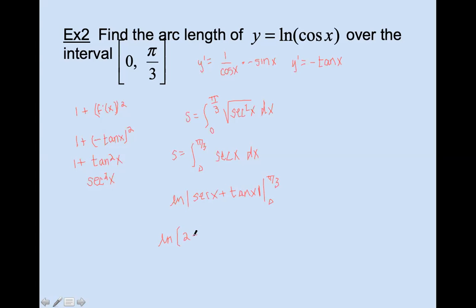The tangent of pi over 3 is square root of 3. And then we have minus the natural log of secant of 0, which is 1, plus tangent of 0, which is 0. And so the natural log of 1 is 0. And so we are left with the natural log of 2 plus the square root of 3 for our final answer.